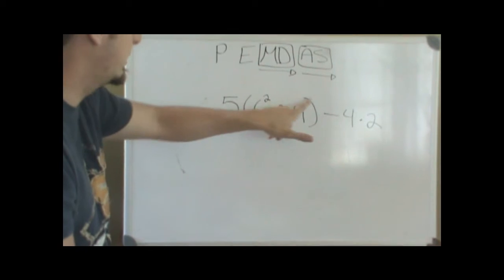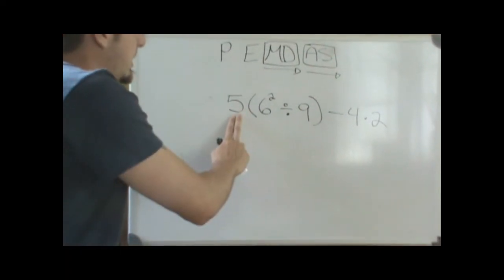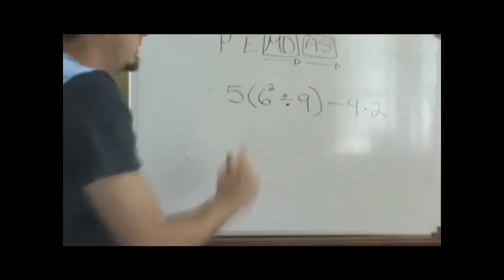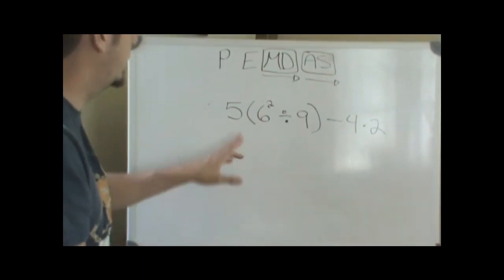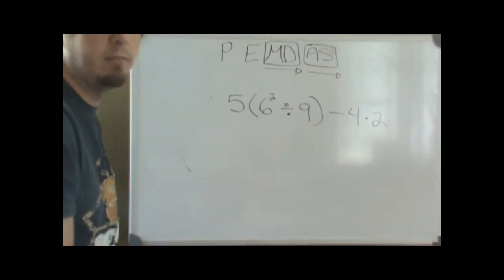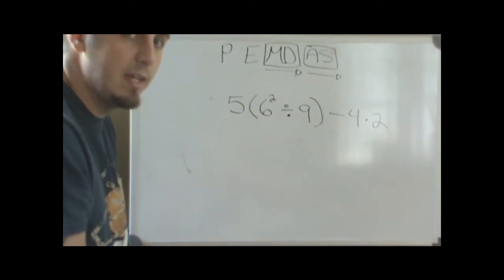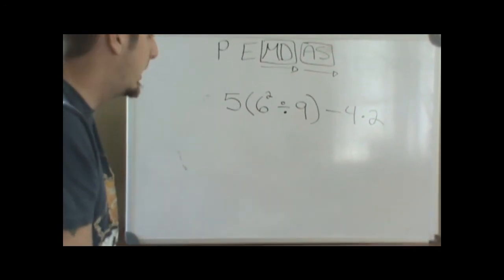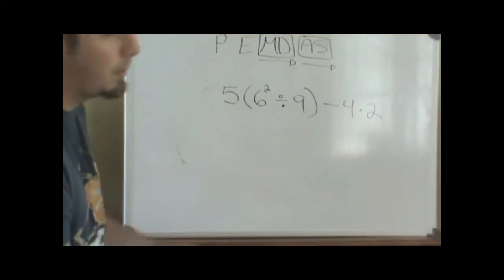We have parentheses. And something that you may not be familiar with is we have a number sitting next to a set of parentheses, and there's no sign between the parentheses and the number. So some of us may be asking, well, what do I do with the 5? Whenever you see a number next to parentheses like that, it means multiply.